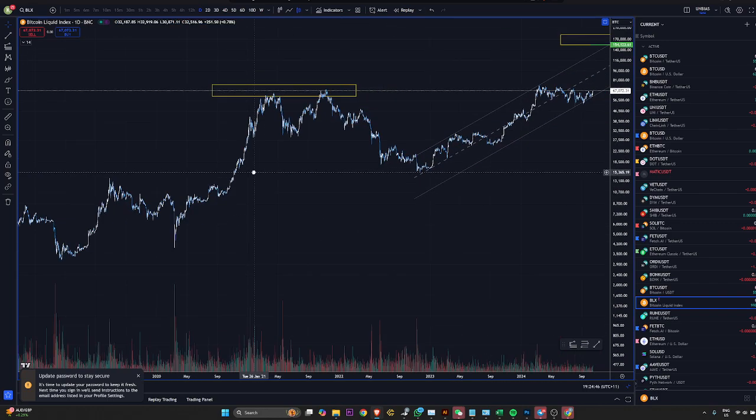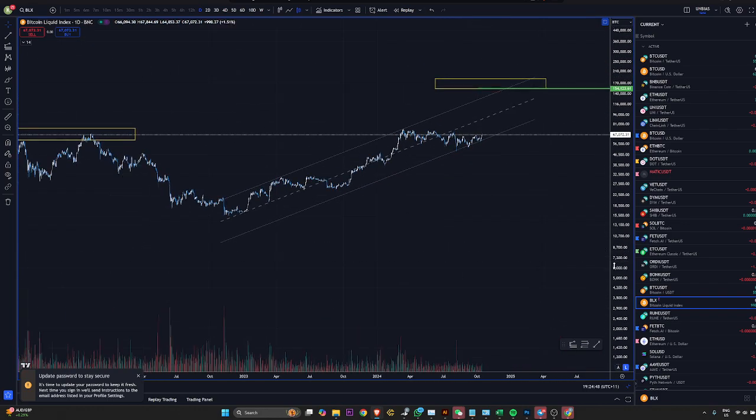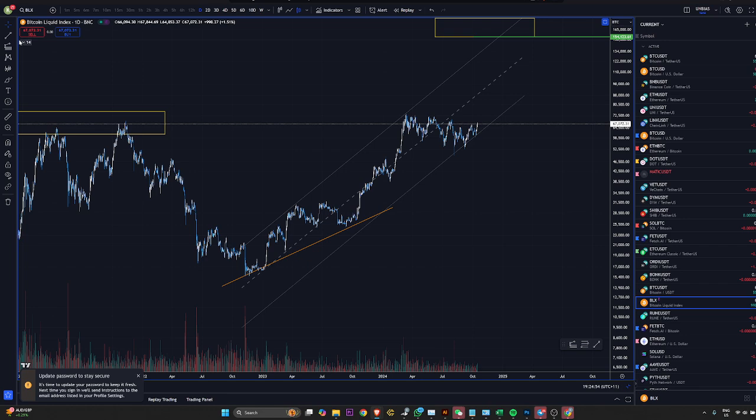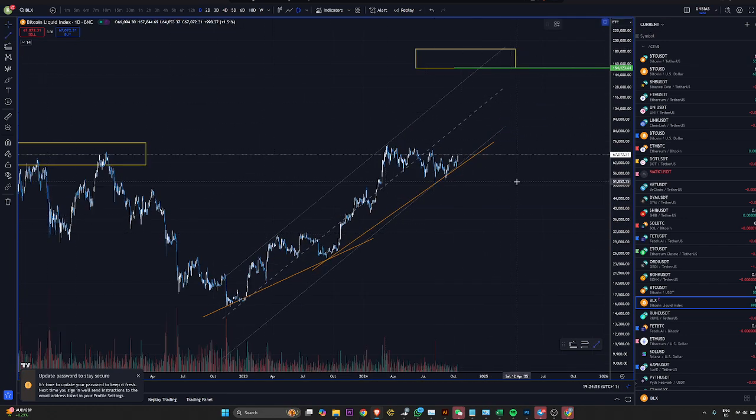So now we have this cycle, which we can say this is the first, this is the second, and the third will come in a little bit stronger, right? Or even stronger than that.